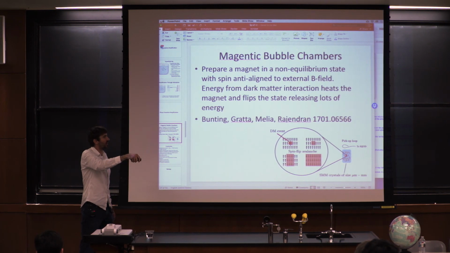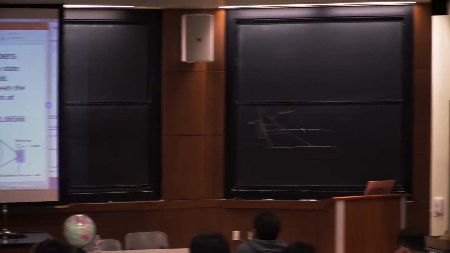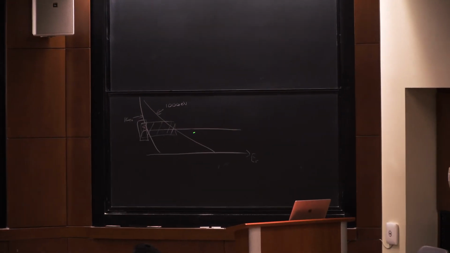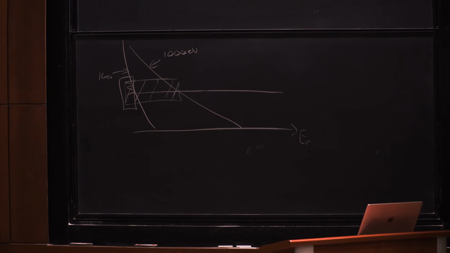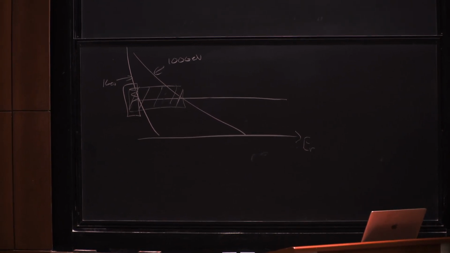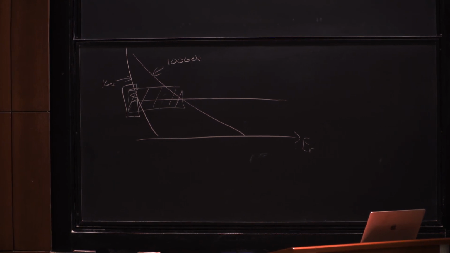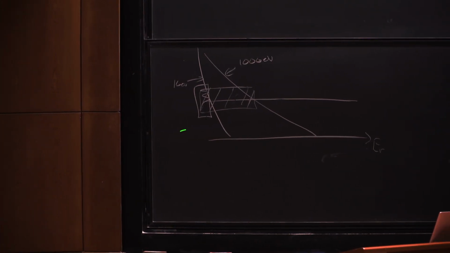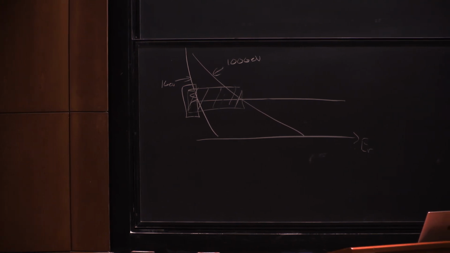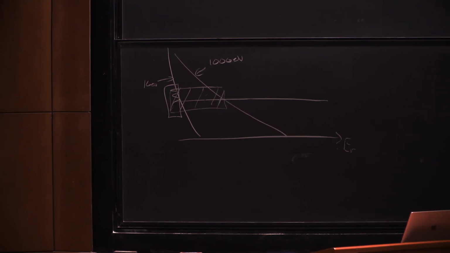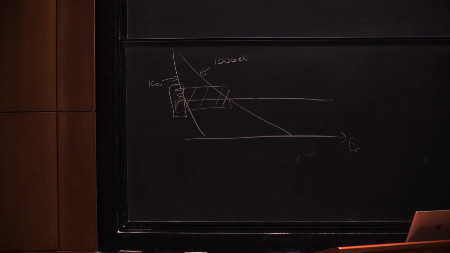They say, I only allow every recoil that's below 100 keV to give me a spin flip, and then that'll tell me how many, and I can map out what the rate is, and then I can background subtract that rate away from my signal. But that idea is fundamentally background subtraction.